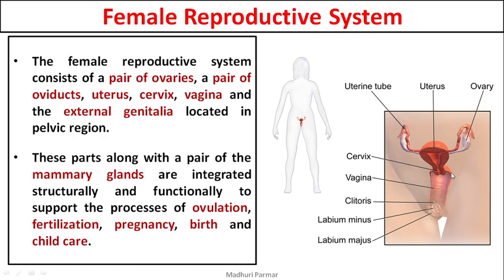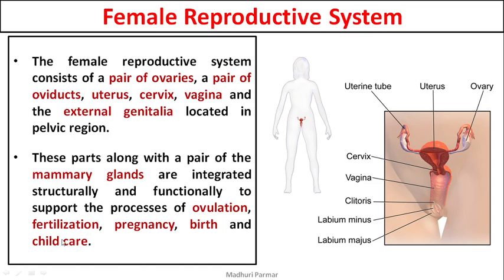Along with these parts, there are a pair of mammary glands present in women, and these together are integrated structurally and functionally to support processes like ovulation. So together all of these organs as well as the pair of mammary glands help in ovulation, which is release of the ovum, fertilization, which is basically syngamy.